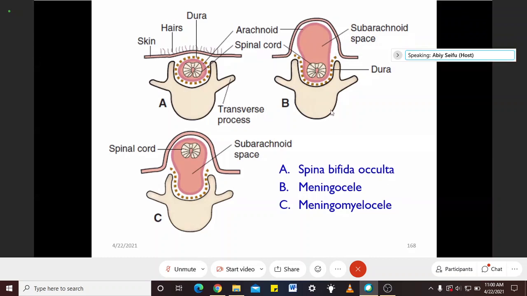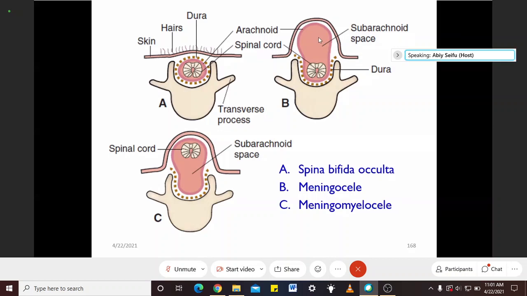In this case, which is categorized under meningocele and meningomyelocele. In the case of meningocele, the membranes, that means the spinal meninges, are protruded, and there is accumulation of subarachnoid fluid within the arachnoid space.